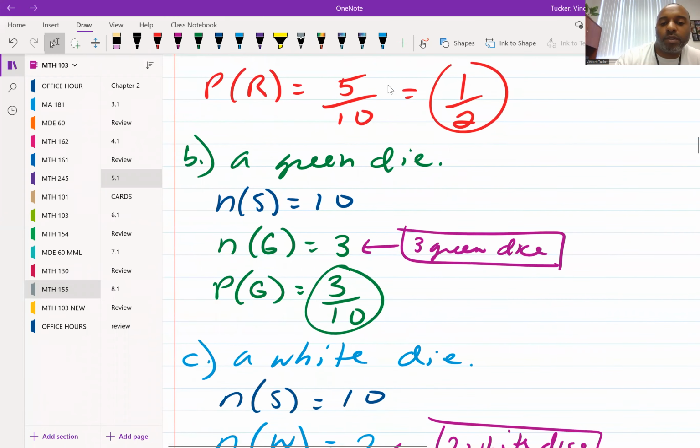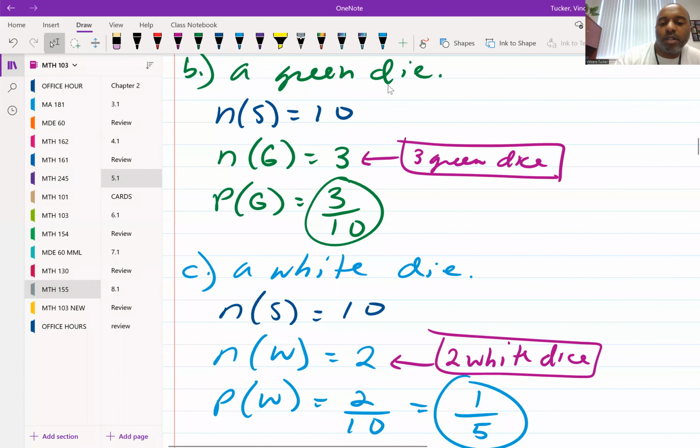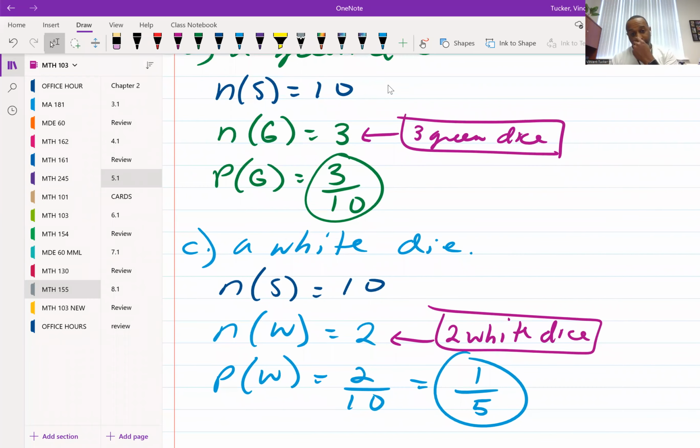And for the last one, a white die. The sample space is still 10. There are 2 white dice. 2 over 10 will reduce down to 1 over 5 as our probability.